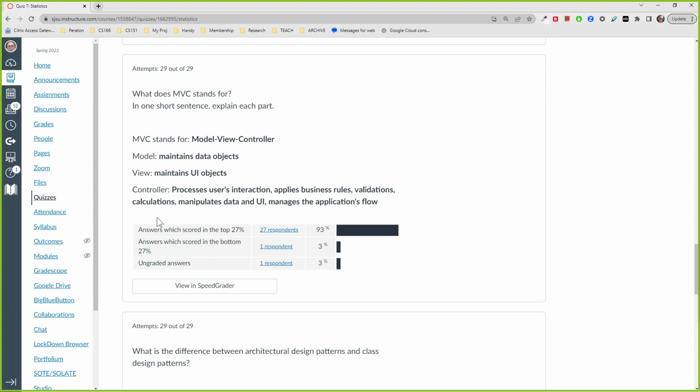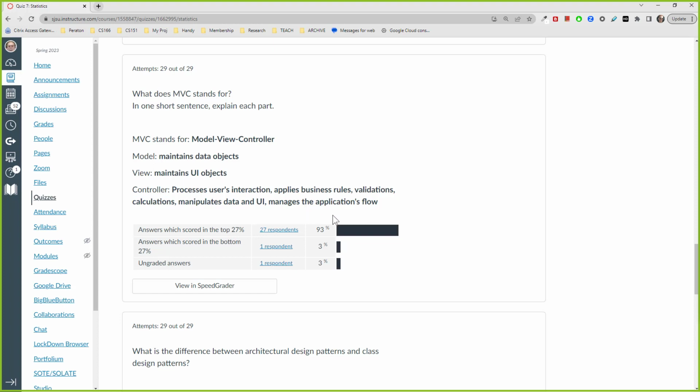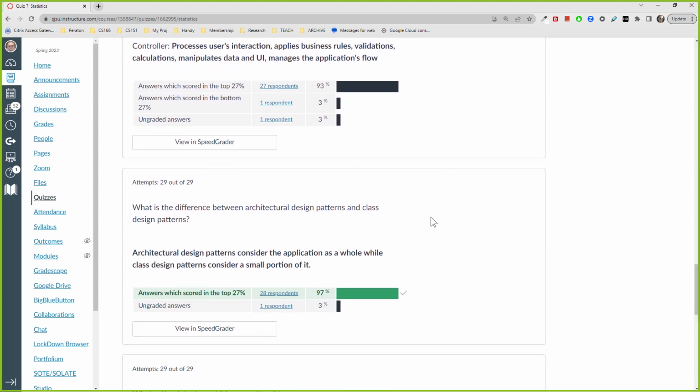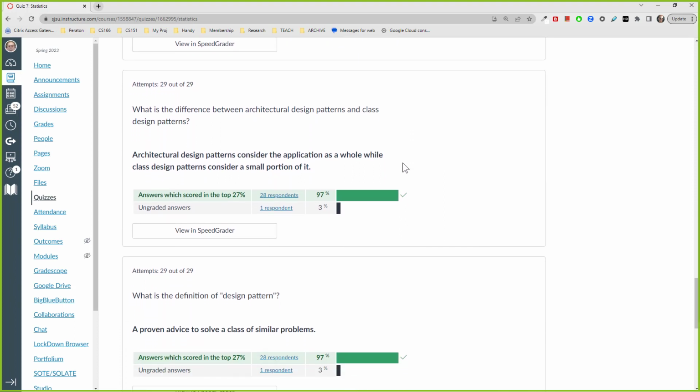So all of the business rules, the validation, calculations, everything else goes here. When I say everything else, you cannot just write that; you need to mention at least 3 of them. But anyway, it was a good result, 93%.